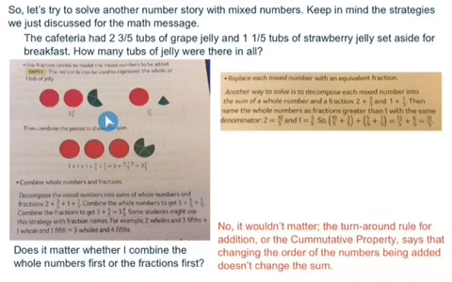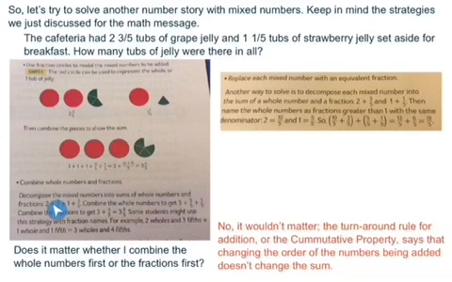I can combine like pieces, the reds, 1, 2, 3, and I can combine the like pieces, the fifths. I've got 1, 2, 3, 4. Therefore, I'm going to say my answer is 3 4/5. So I could definitely do it that way using the fraction circles.